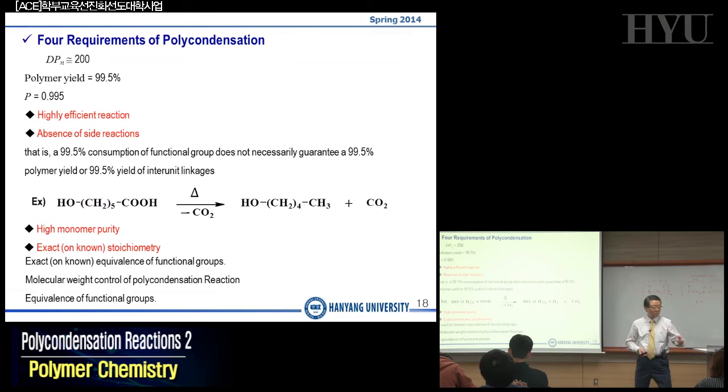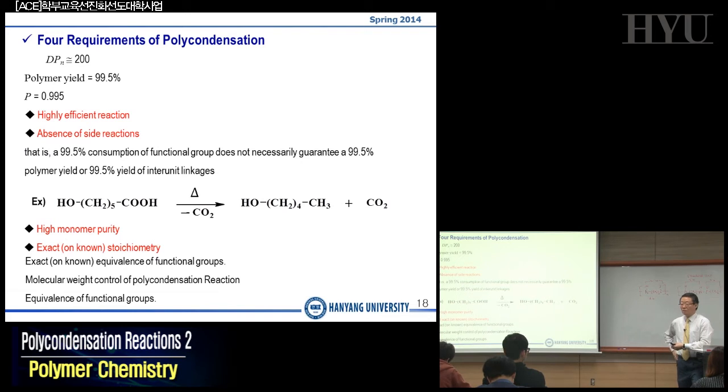Well, once again, if we have 99.5% extent of reaction, or p equal to 0.995, I told you that we should have a very efficient reaction in the case of polycondensation reactions or step growth polymerization reactions.